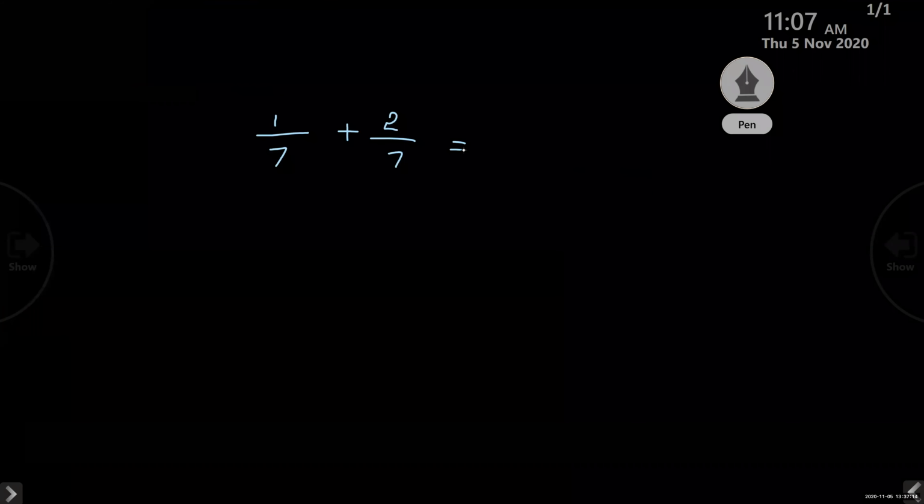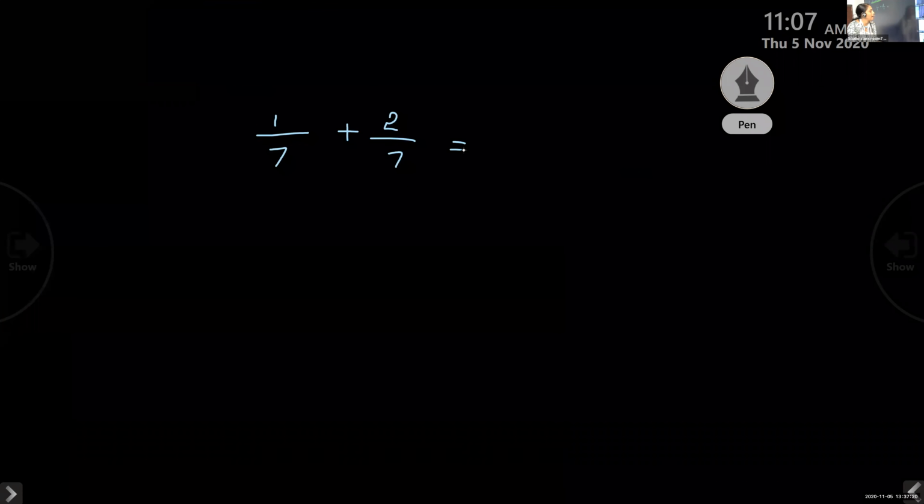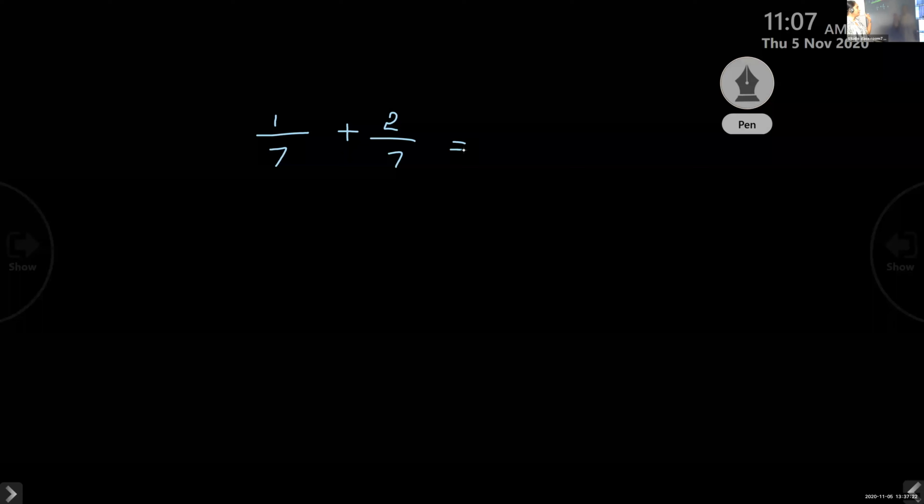The denominators will be the same. If the denominator is the same, it is very easy to add fractions, because that common denominator will be in the answer also. Just repeat the common denominator and add 1 plus 2. You will get the answer very easily. Answer is 3 by 7.